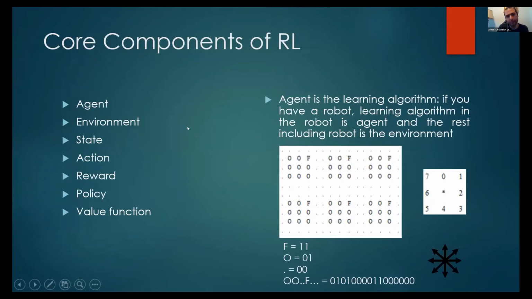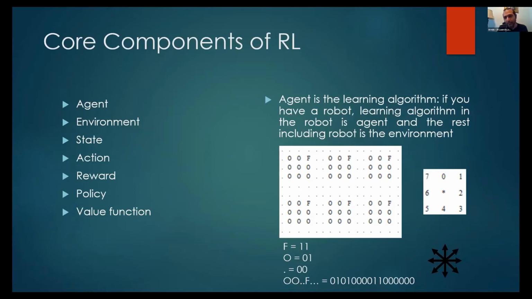So there are some core components for reinforcement learning: agent, environment, state, action, and reward. We talked about the first part, but I will go into more detail about the reward in the next slide. We will also talk about policy and value function.